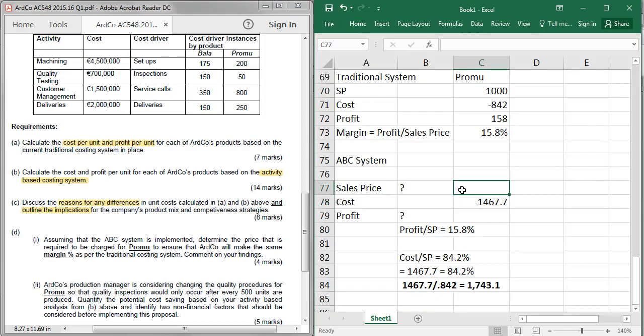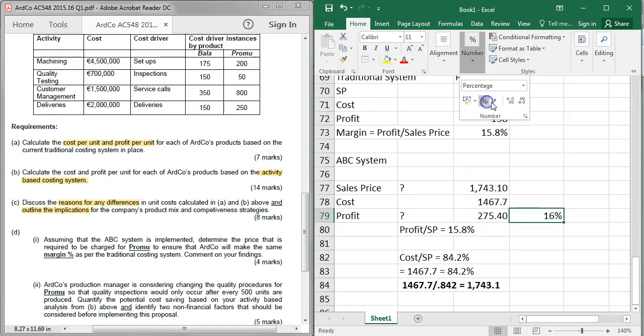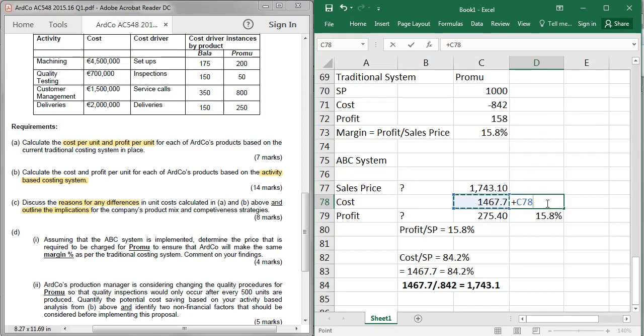And just to prove that, if that's 1743.1, my profit, sales minus costs, is 275.4. So profit as a percentage of revenue is your 15.8 when you round up, and my cost as a percentage of revenue is your 84.2.